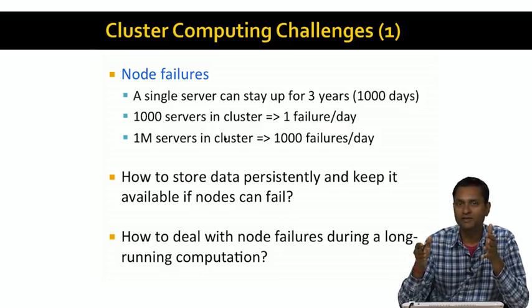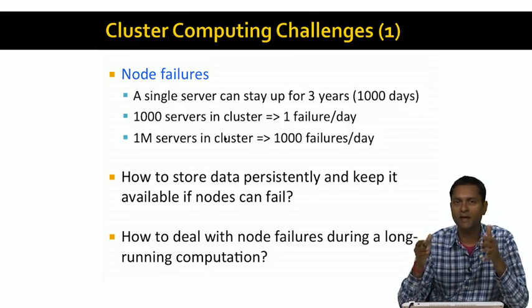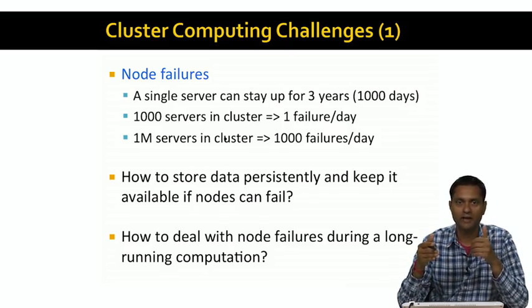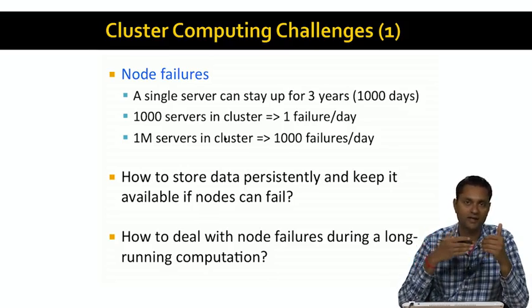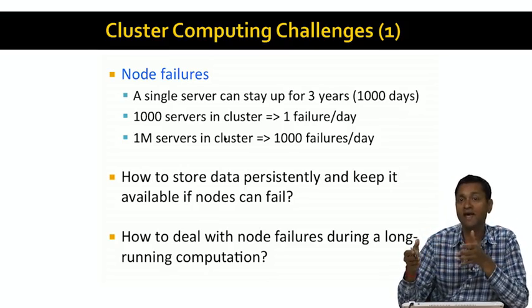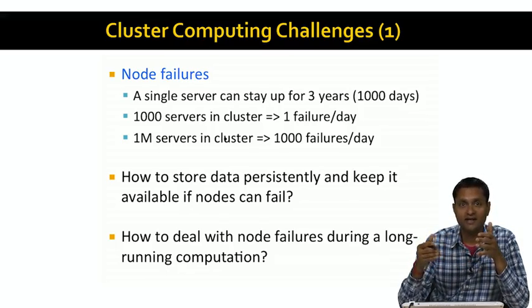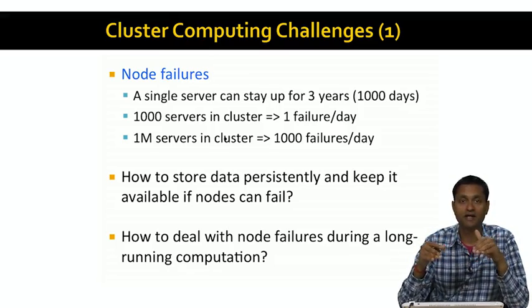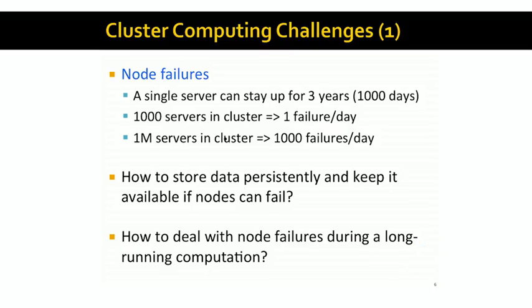Now, how do you deal with this problem? In the worst case, you may have to go back and restart the computation all over again. But if you restart it now and the computation runs again, a node may fail again when the computation is running. So you kind of need an infrastructure that can hide these kinds of node failures and let the computation go to completion even if nodes fail.